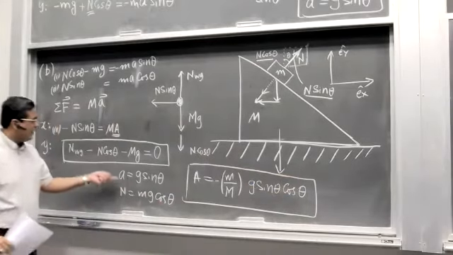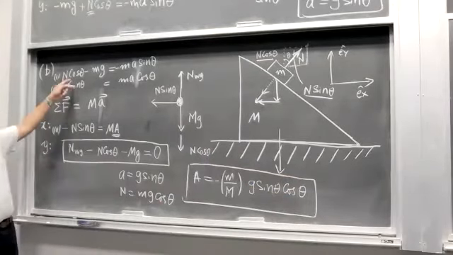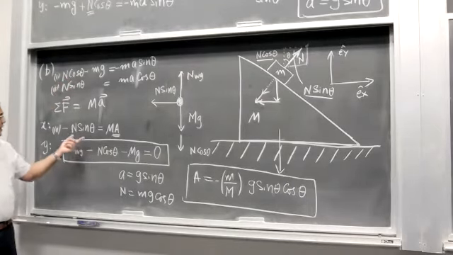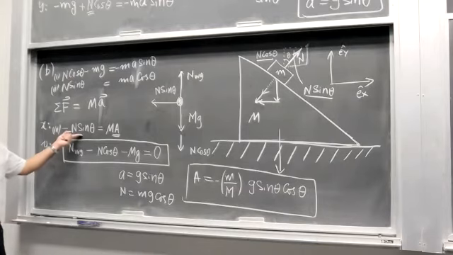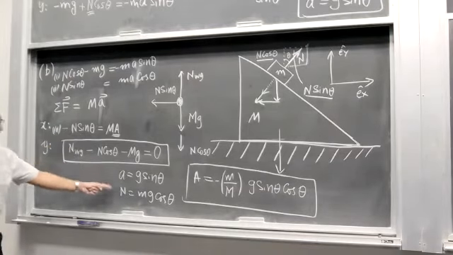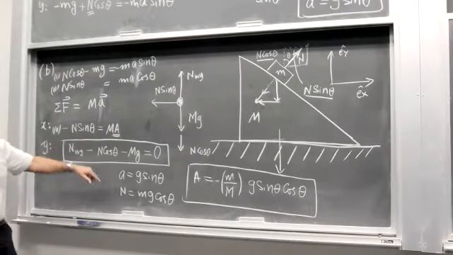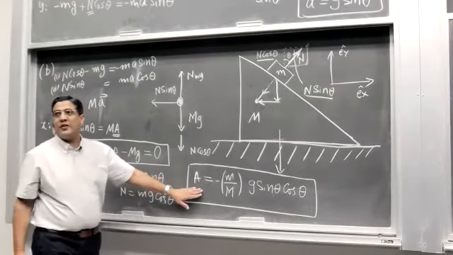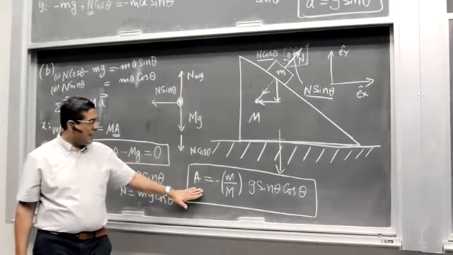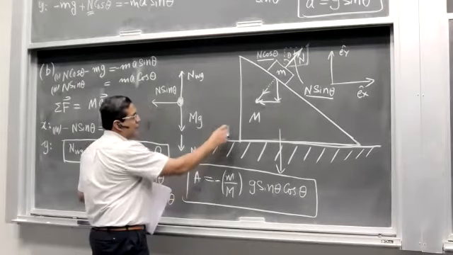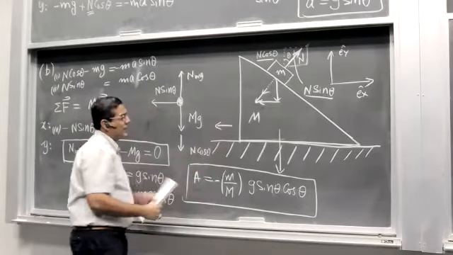Okay, so you get a and n from these two equations. Okay, and then you substitute, sorry, just the n here, and then you rearrange the terms and you get the acceleration of the wedge. Okay, and this negative sign indicates that the wedge would actually be accelerating in this direction.